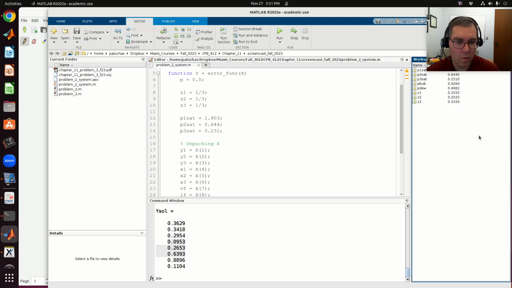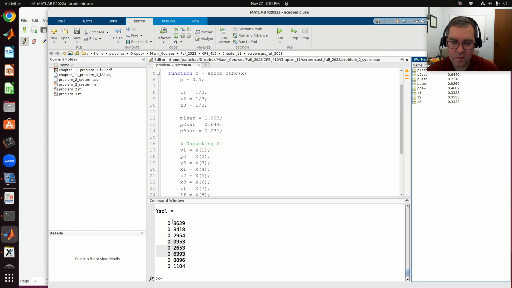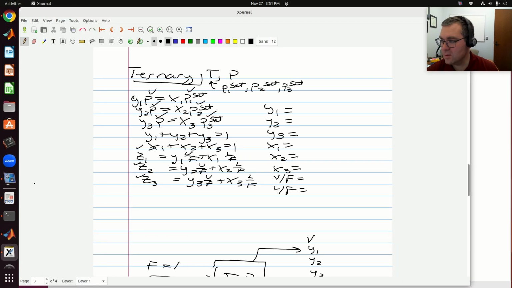So that's the order, the same as I have here. I would just copy these numbers down next to those variables that I just listed. Okay, cool. So this is part C.